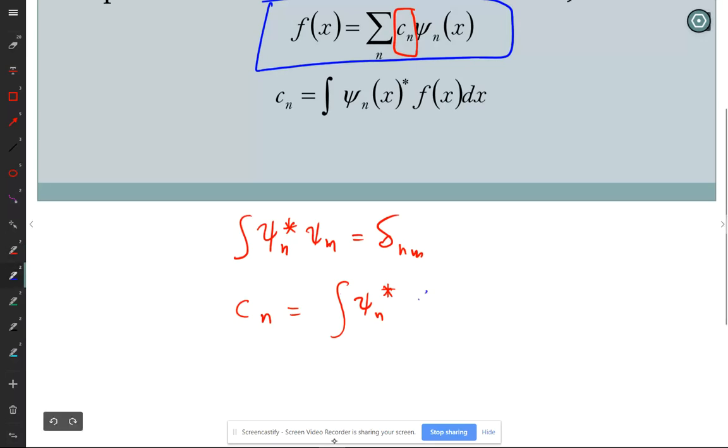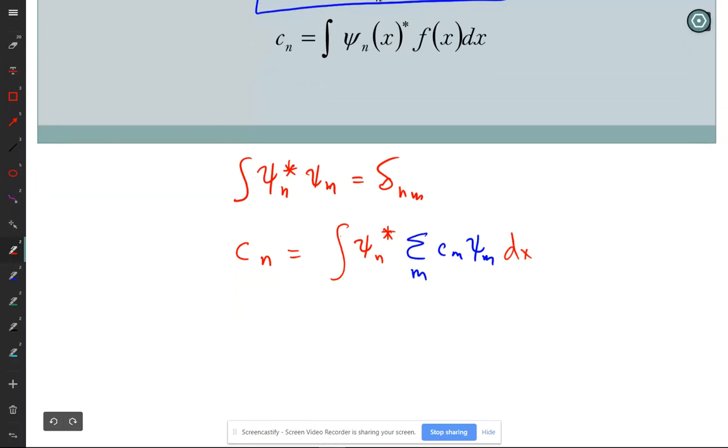That is a summation. And I'm going to change the index on the second one from n to m because they can't be the same index. I forgot the C. And then finish it off with my dx. So here I've just substituted for f of x.